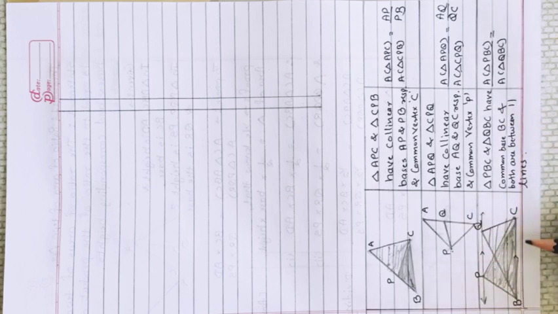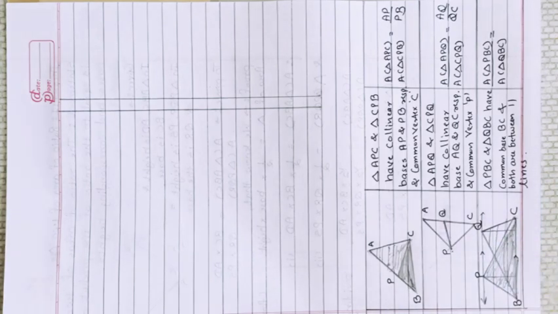When two triangles are between parallel lines, their heights will be the same, whether you draw them or not.